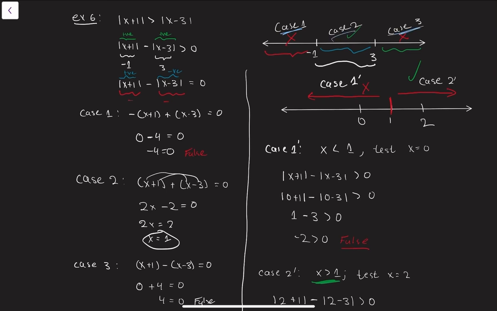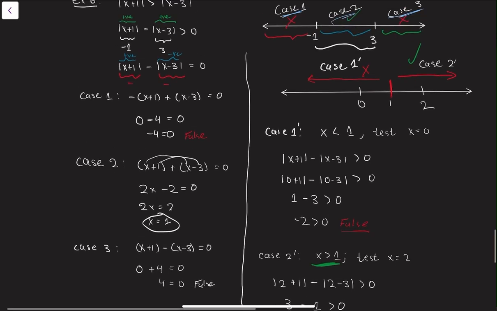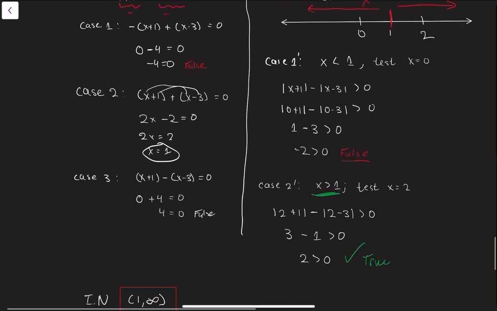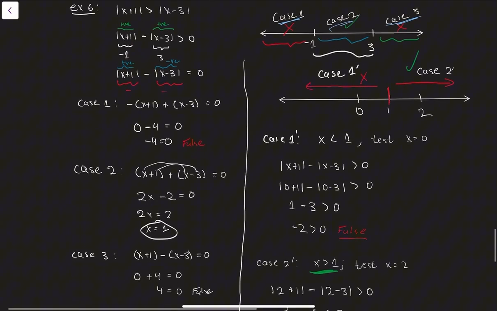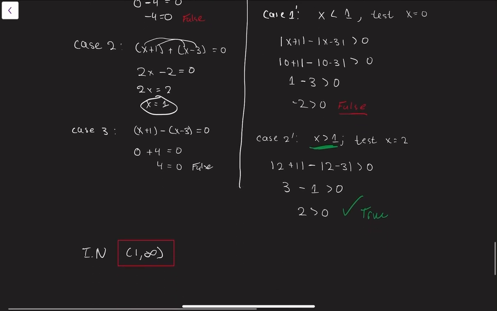But in case 2, we did have a solution: x is equal to 1 worked as a true solution. Then we took x is equal to 1 and checked each side of the inequality. We found that case 1 prime, where x was less than 1, was false. But when x is greater than 1, it was true. So we have our interval from 1 to infinity.